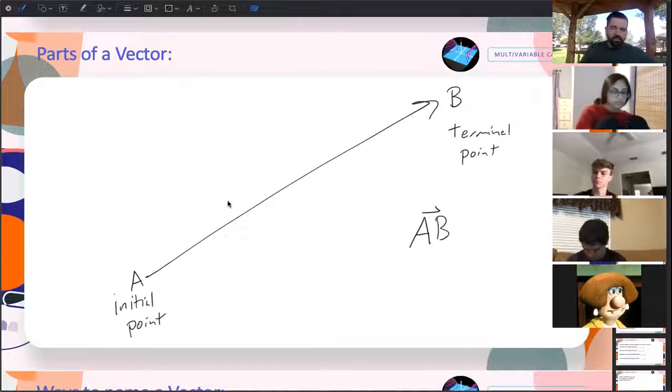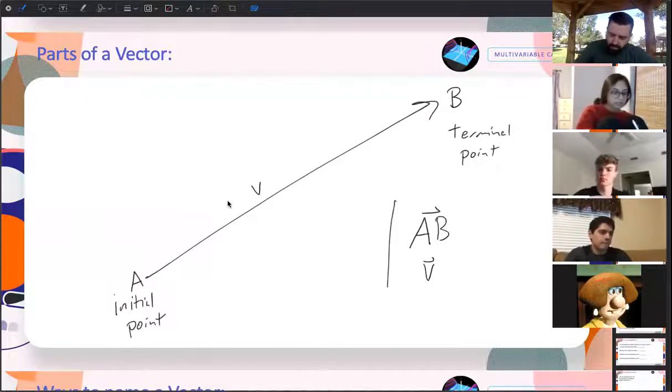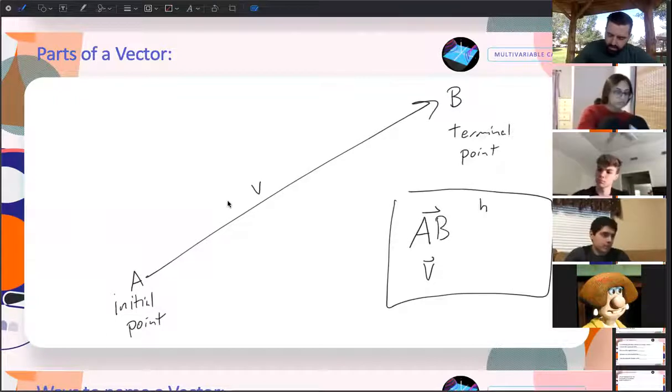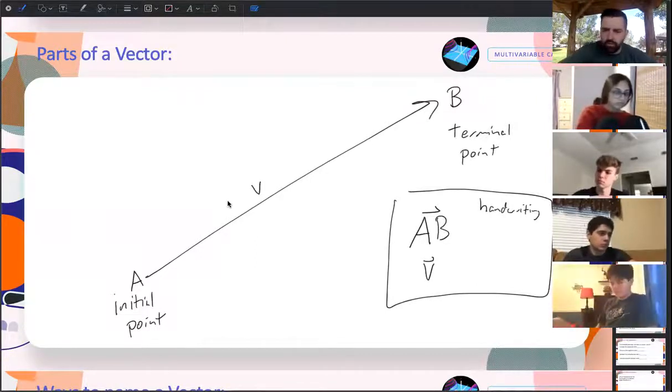Again, a lot of correlation with geometry, if you think back, sometimes there's line L instead of line AB. They could name it with a little lowercase l. We can do the same thing with vectors, which we typically do a lot, is say this is vector v with a little lowercase v. Okay, and I would say these are ways we would note it with handwriting. Meaning when you take notes, when you do homework, when you do a test or whatever, you would generally write it one of those 2 ways.